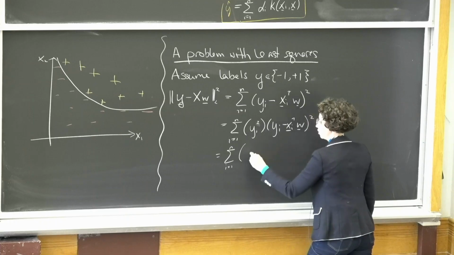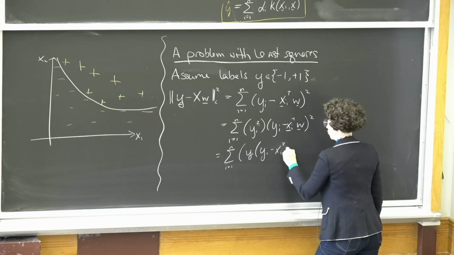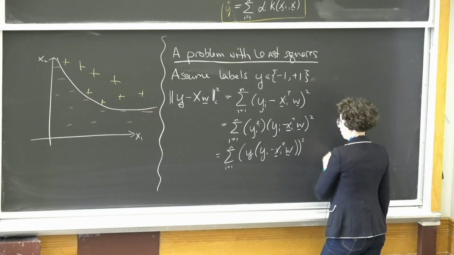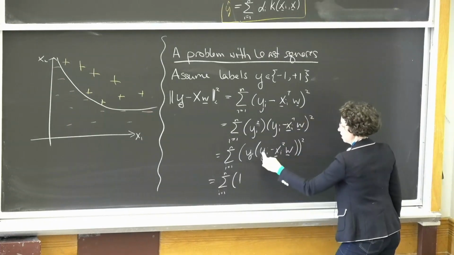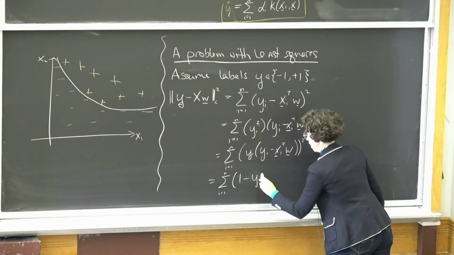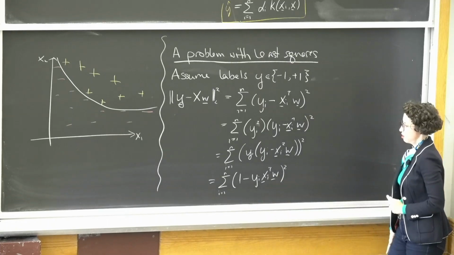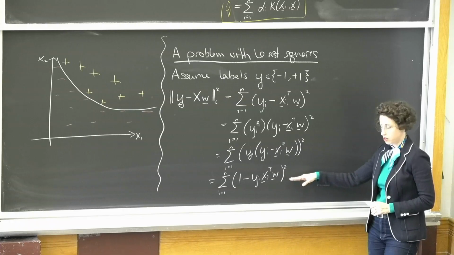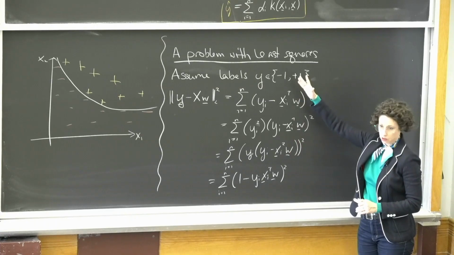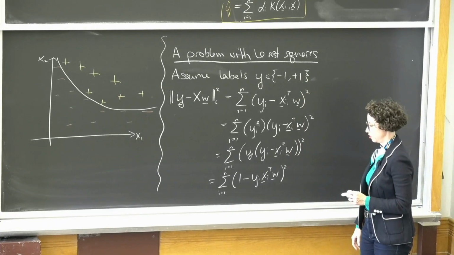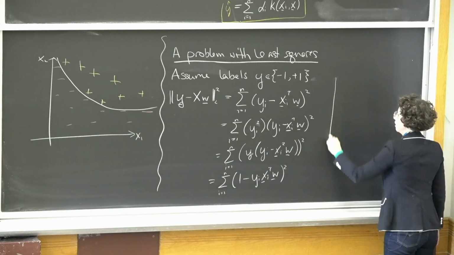So what I'm going to have is yi times (yi minus xi transpose w), and multiplying through, I get (1 minus yi times xi transpose w) squared. Okay, so I just have a new expression for squared error loss that is equivalent to what we've been doing all along, in this case where all the labels are plus or minus 1, like in binary classification.